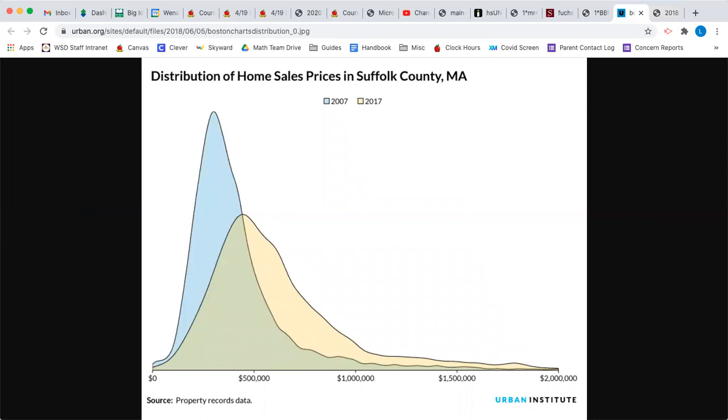Prices tend to be skewed to the right because, and here's something I always say, you can buy something for whatever amount of money you want to pay for it. So when it comes to houses, there are many luxury homes, an increasing number of luxury homes, as you can see from the 2007 data to the 2017 data. But you can basically pay any amount of money for something that you want, as long as you get above whatever the minimum might be.